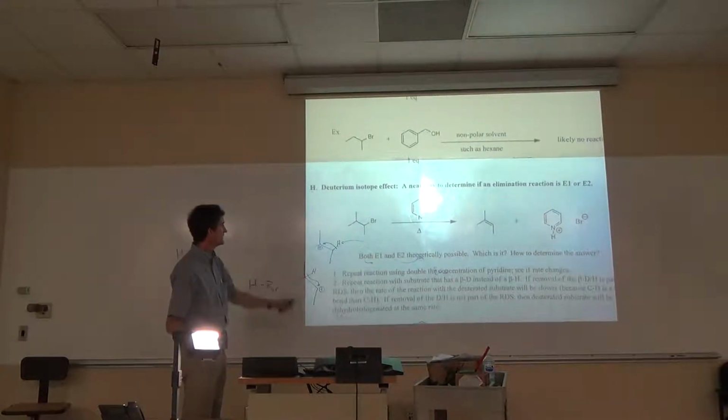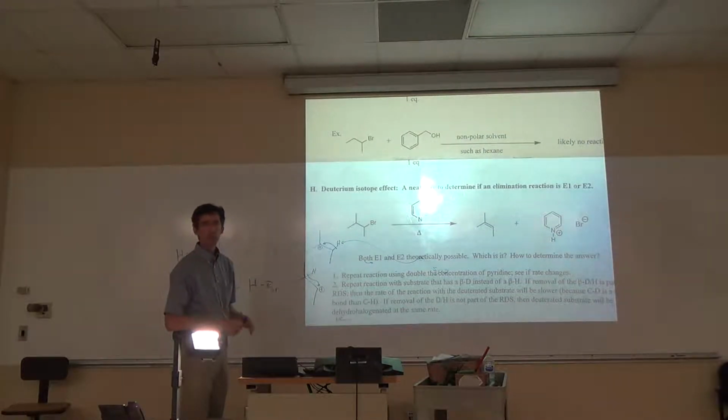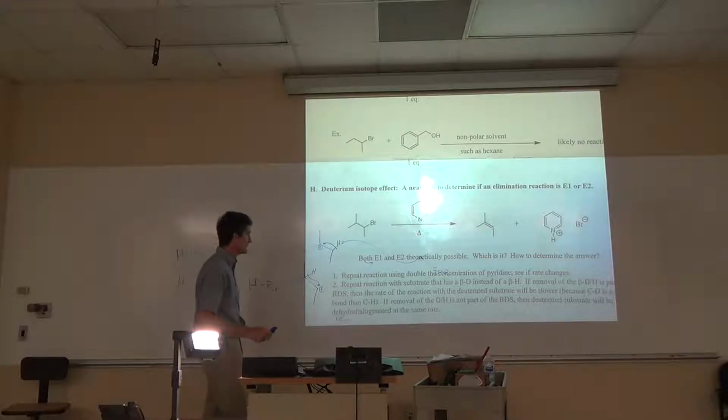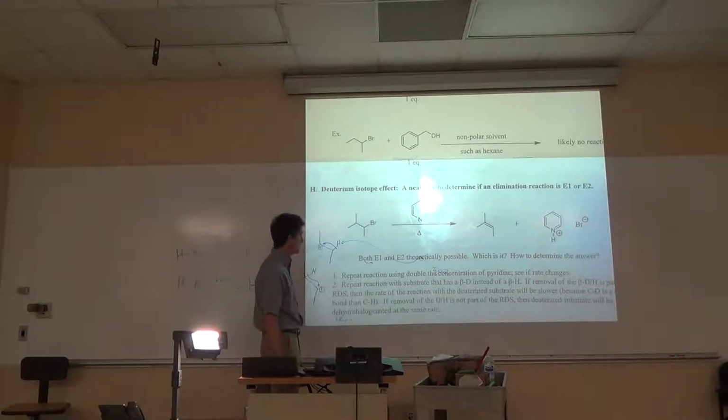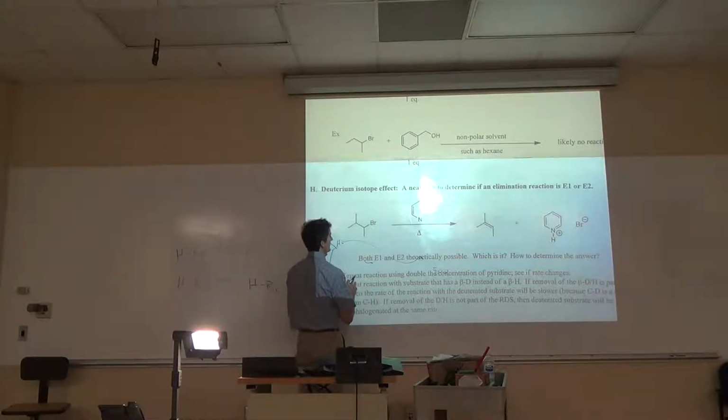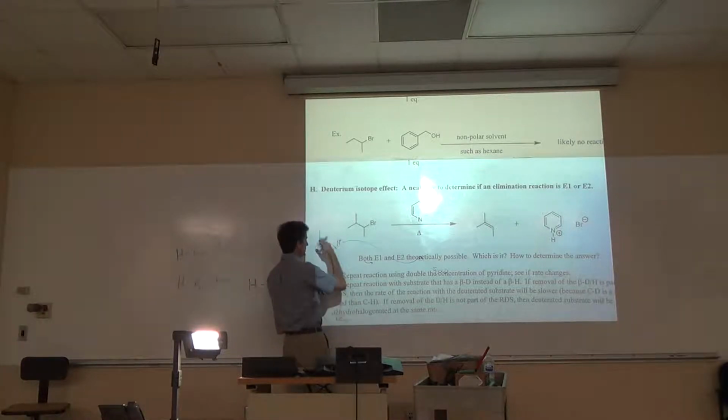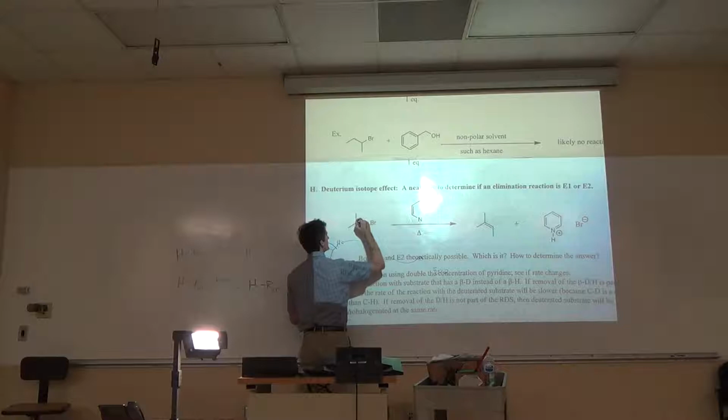Another way to do this is to consider the deuterium isotope effect. Repeat the reaction with the substrate that has a beta deuterium instead of a beta hydrogen. I'm not going to consider any hydride shift or something, but let's put a deuterium here instead.